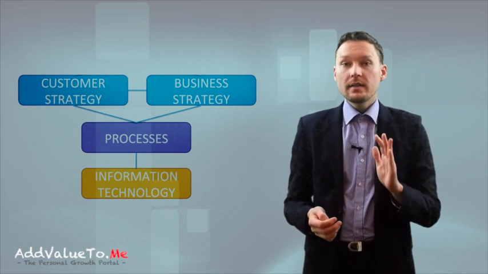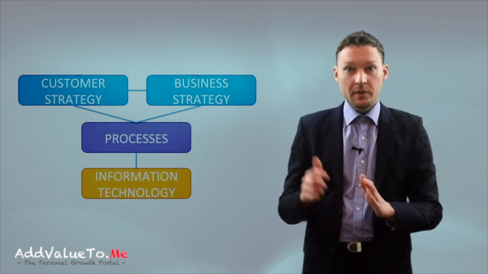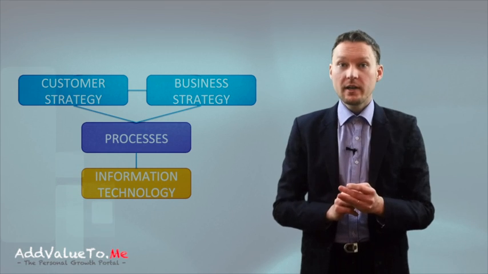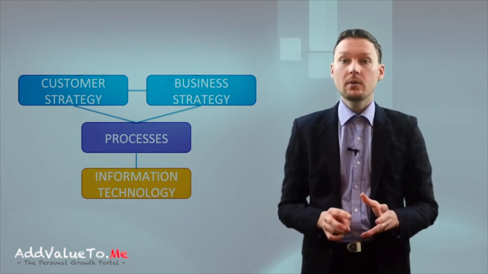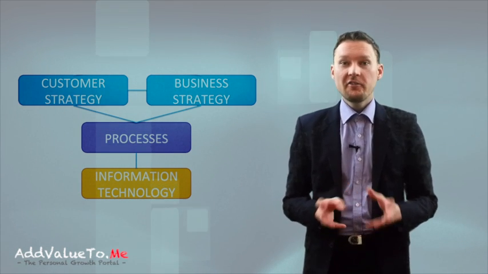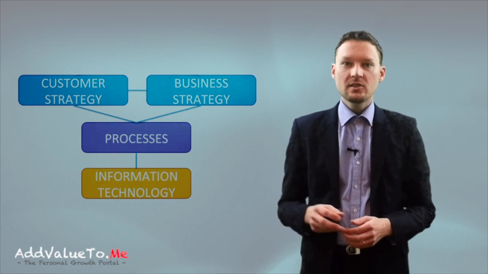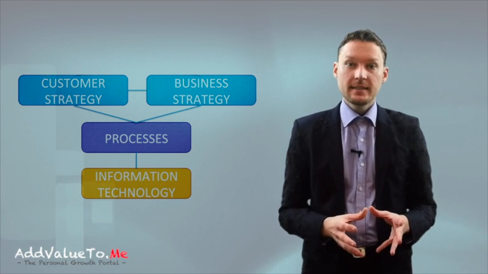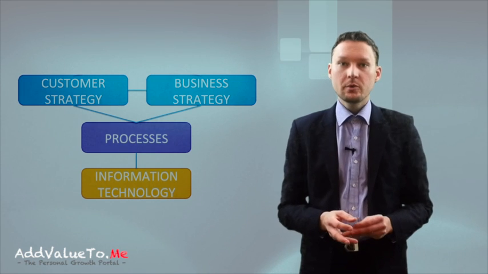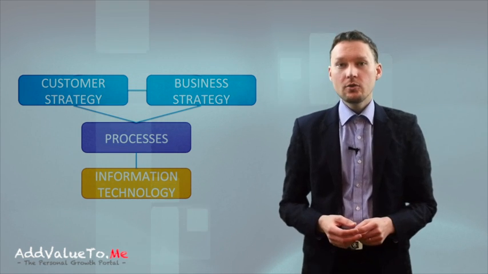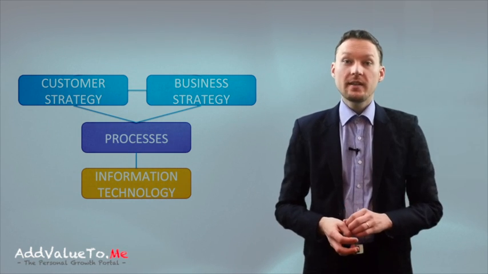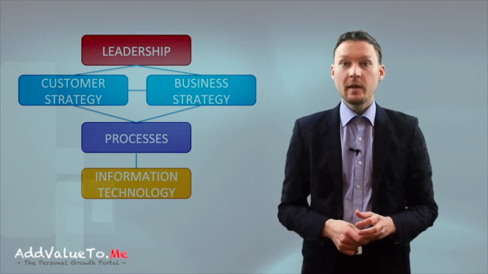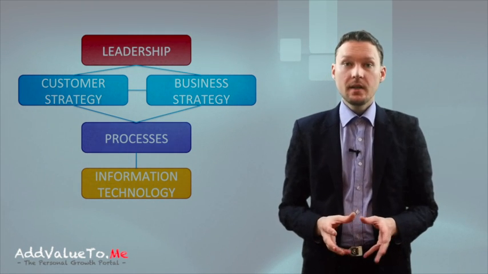So putting the IT together, putting the business processes together, business strategy and customer strategy, that was a really powerful combination. But I still felt like there's something missing because the companies that were applying all these different aspects still didn't get the best possible result. And that led me to do some research on it, and I found out that leadership is a very important enabler for any business.